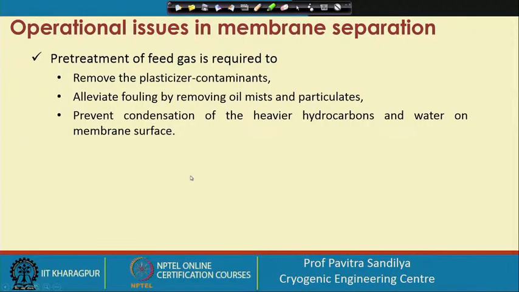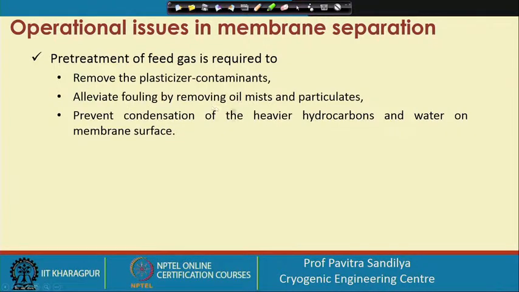And to prevent the plasticization, what is done? Some cross-linking of the polymer networks and use of some fillers. So these are something which are taken. We are not going into the detail of these things. So we chemically treat these membranes so that we can prevent the plasticization of the membrane. And also we need to go for pre-treatment of the feed gas so that we can remove any kind of contaminants which can enhance the plasticization.